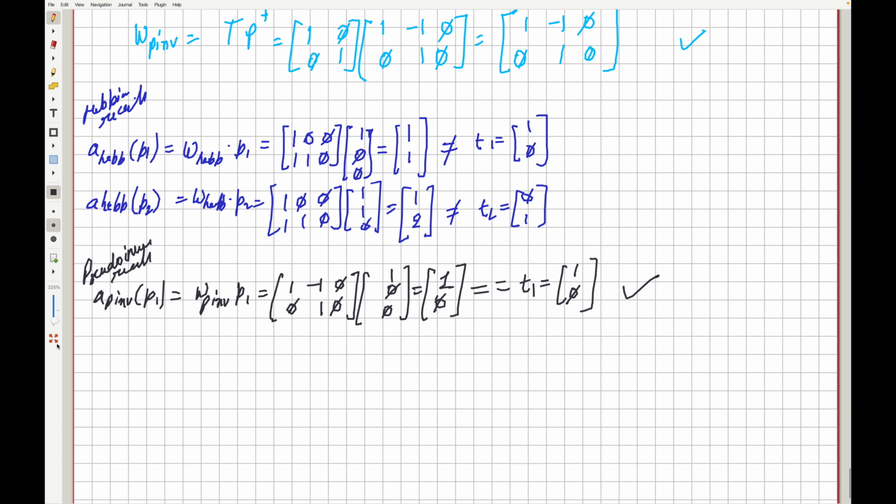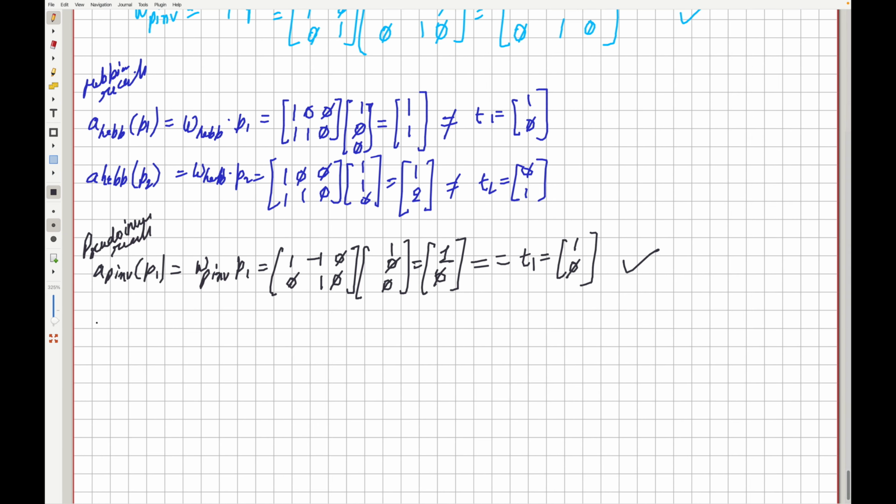Awesome. And the second, we can try and calculate the value for the input P2. So this again would be the same.